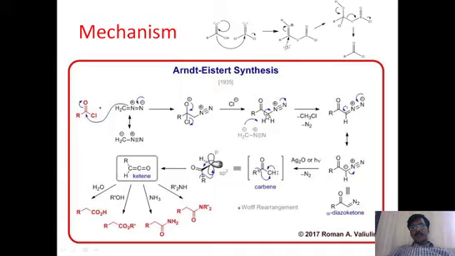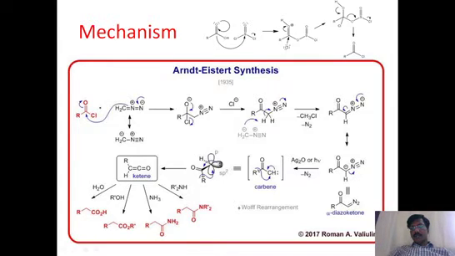The most important point here is that diazoketone is the key intermediate, which is formed by addition of diazomethane to acid chloride, where chloride is removed and the diazo group is attached. So this is called diazoketone. To be specific, the name is alpha diazoketone.